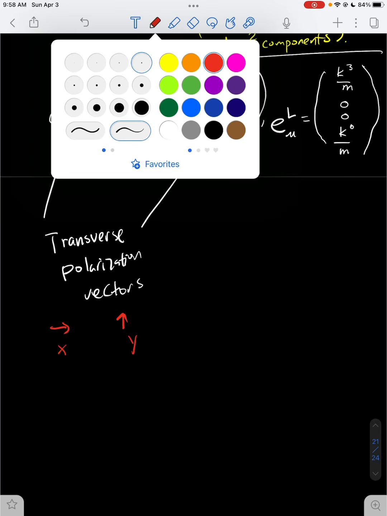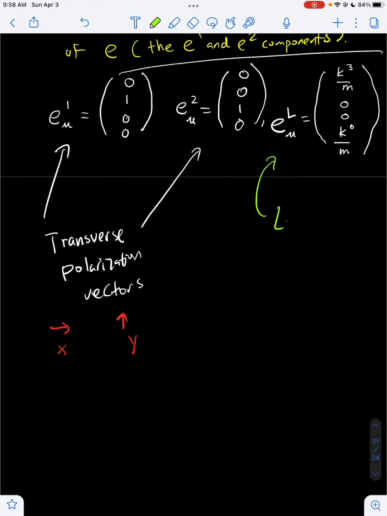And this third one is called a longitudinal polarization vector. It's called longitudinally polarized because it is longitudinally polarized. So that's just the names for them. And yeah, there are 3 independent polarizations for the solutions to the Proca equation.